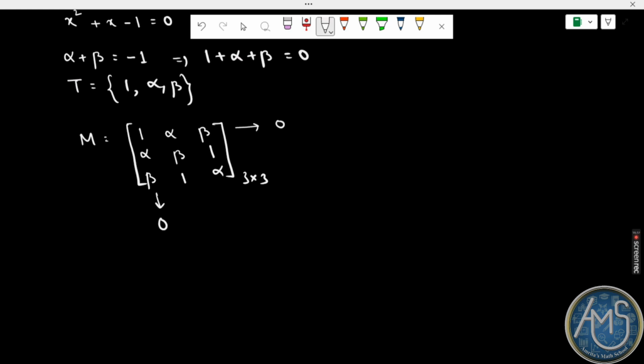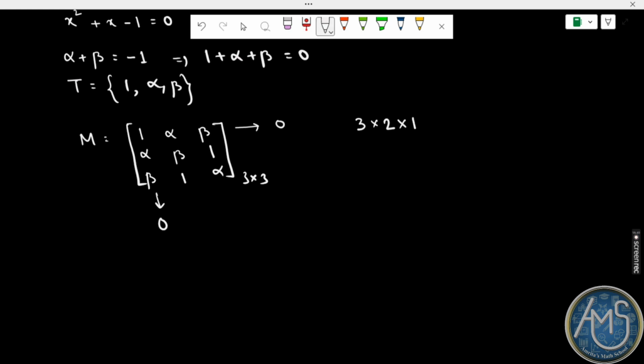The first place can be filled in 3 ways, either 1 or alpha or beta, so 3. After filling this place, we can fill this place in 2 ways, either alpha or beta, so into 2, and then the third place only 1 way.